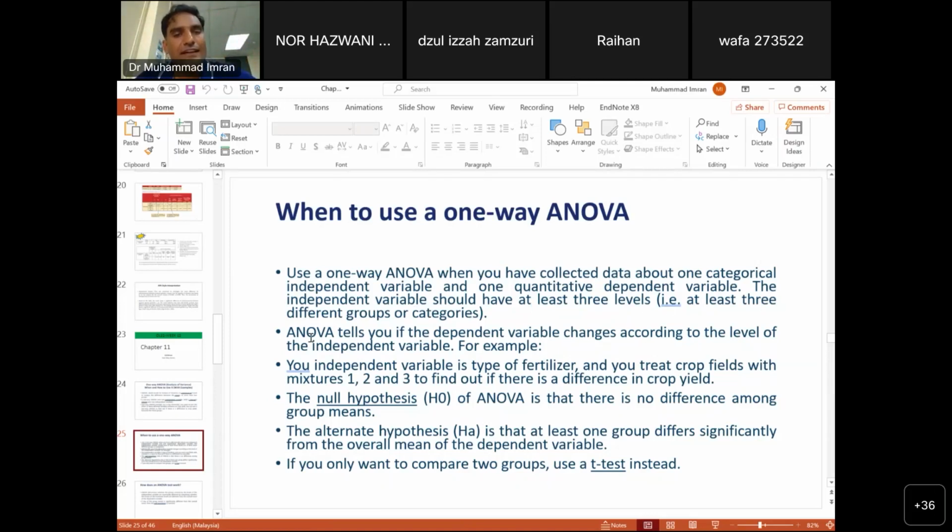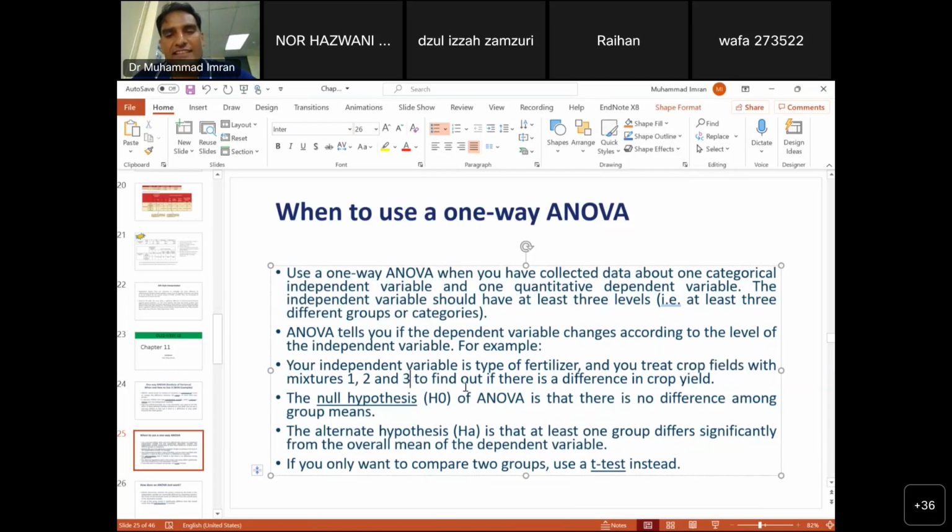Number 2, ANOVA tells you if the dependent variable changes according to the level of the independent variable. For example, please concentrate on this sentence. Suppose for our study, we have fertilizer as an independent variable. So the independent variable is type of fertilizer, and you treat crop yield, this is our DV, with mixtures 1, 2, and 3.